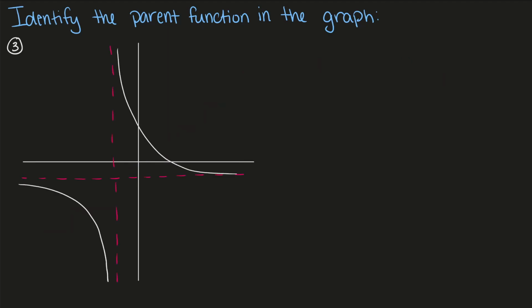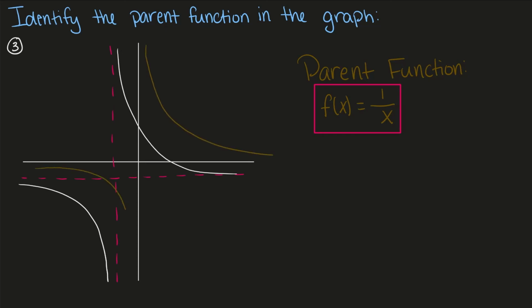Here, we have two asymptotes, and it's an odd function, so we have values in what would be quadrant 1 and quadrant 3. So the parent function for this function is f of x equals 1 over x. This is our reciprocal function.